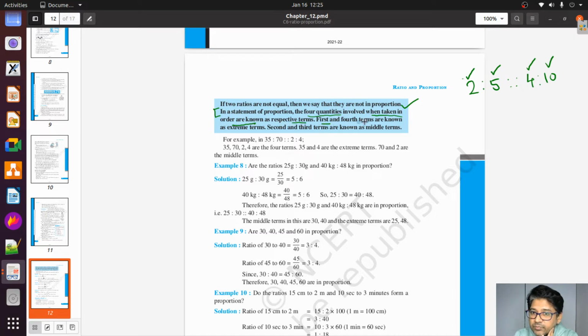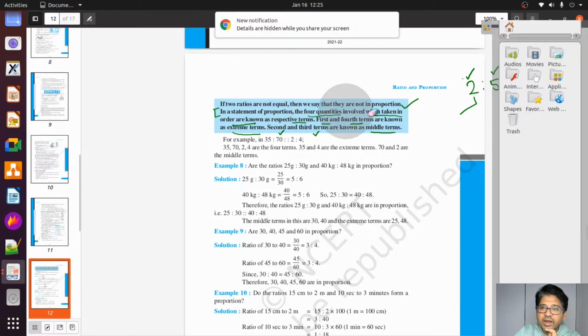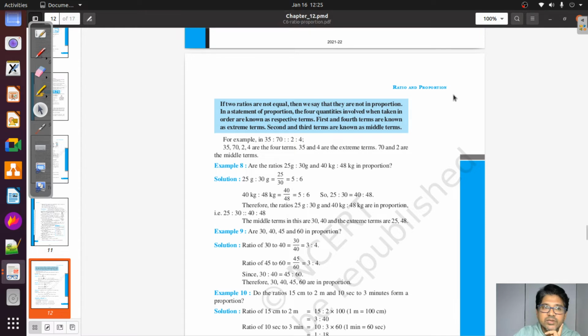The first and fourth terms are known as extreme terms, as already told. The second and third terms are known as middle terms. Is it easy to remember or not? It's very easy, nothing to remember. This is called a statement.